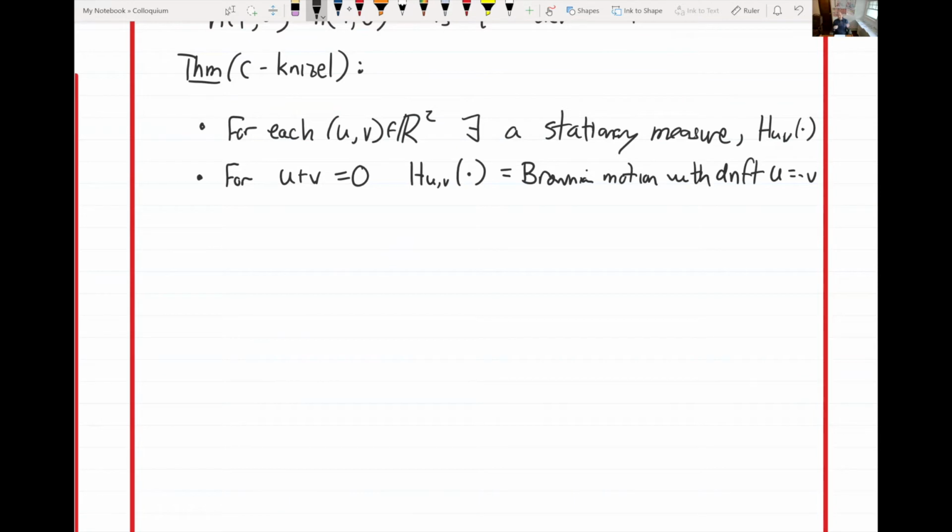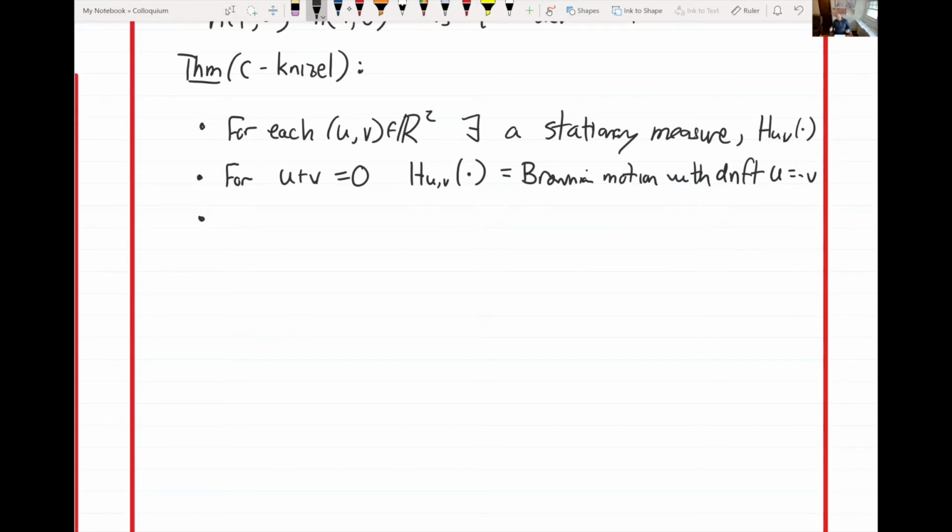Well, this is essentially that, because Brownian motion is just the integral of white noise, and white noise is the continuum product measure. So this is the simple case. When you have this alignment of the boundary condition, Brownian motion is the invariant measure.